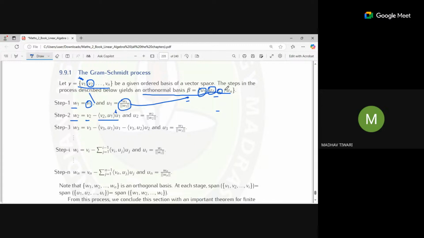Take V3 from here and find its projection on U1 and on U2 as well, and remove both. Whatever I got is W3, and on dividing it by its norm, I get my U3. In this way you can go on for all n vectors. Is that clear?